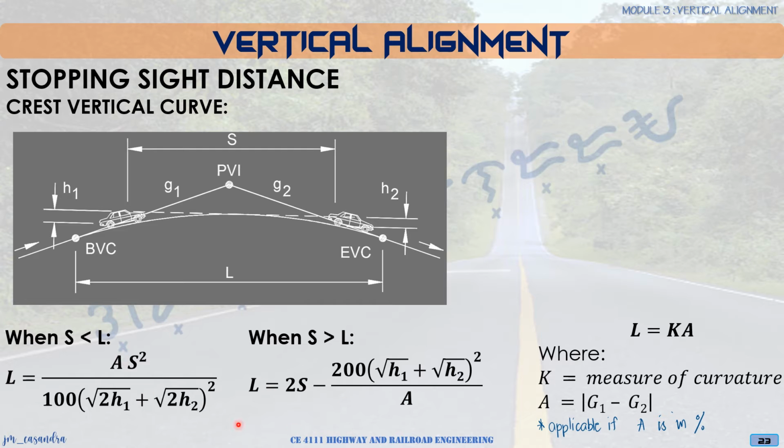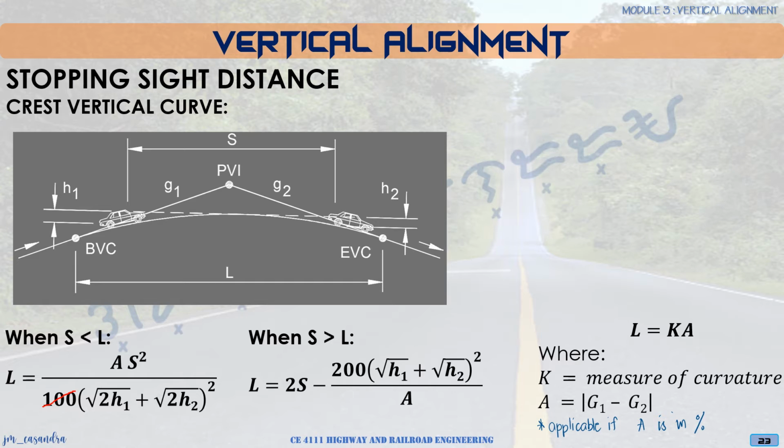will slightly change. So what will happen is that if the G's used for the computation of A is not in percent, then our equation will simply be AS squared divided by the quantity square root of 2h1 plus the square root of 2h2, squared. Okay?